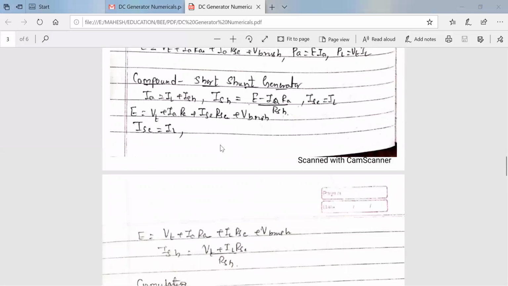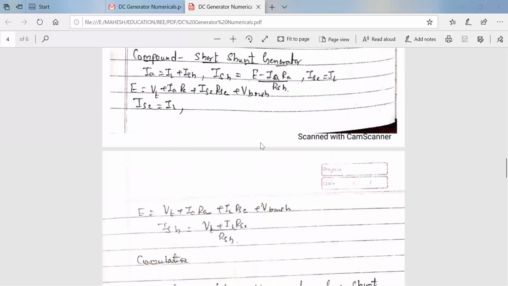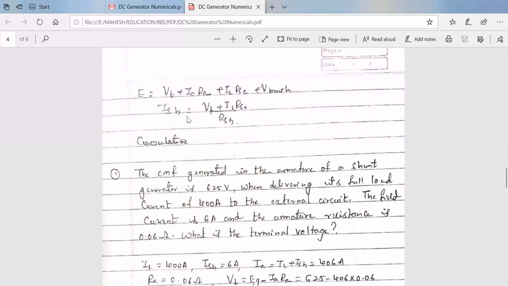So by knowing the given value, if EMF is given, we can go with ISH equal to E minus Ia into Ra divided by RSH. If the terminal voltage is known, we can calculate ISH equals Vt plus IL into Rsc divided by RSH.